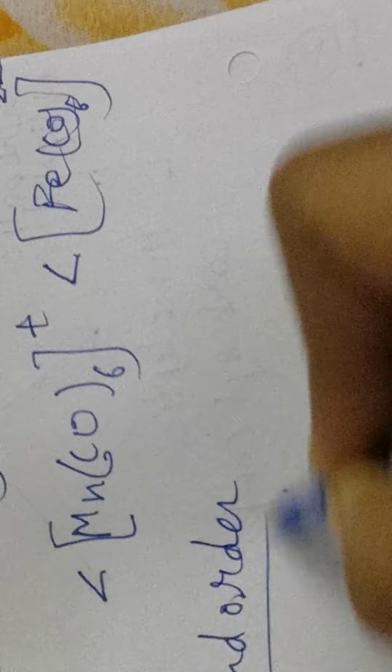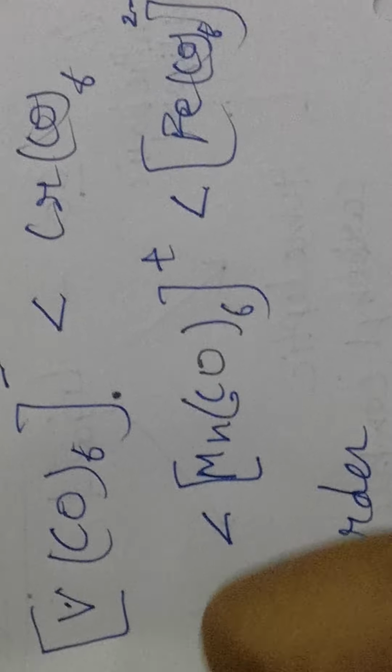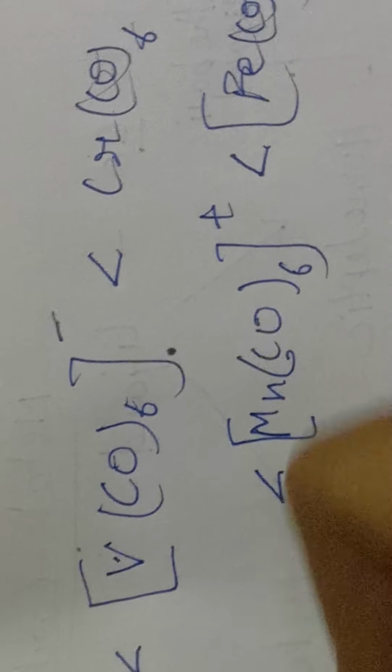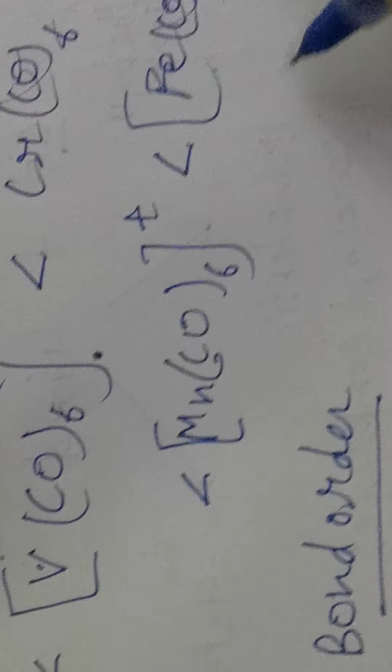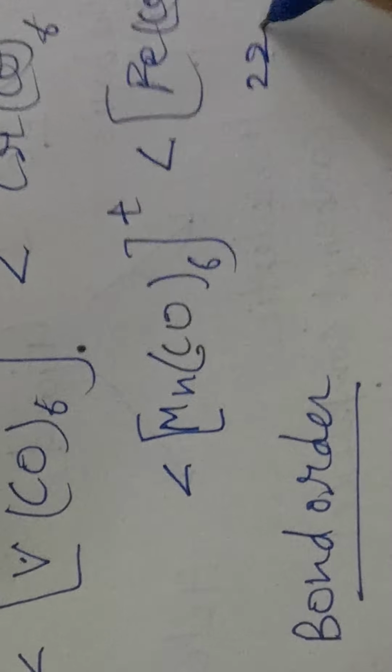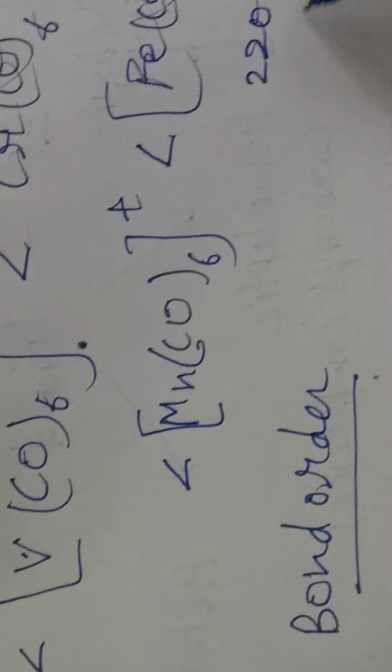The frequency is increasing in this order, so the carbon monoxide bond order, bond strength and frequency are increasing. This one is 2200 centimeter inverse. So nu CO is increasing in this order.